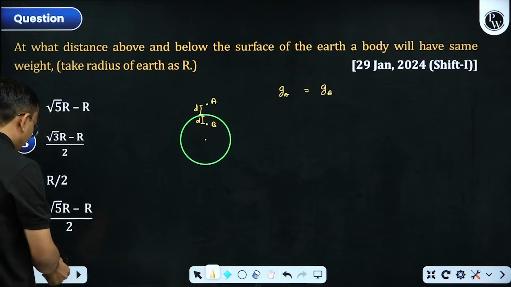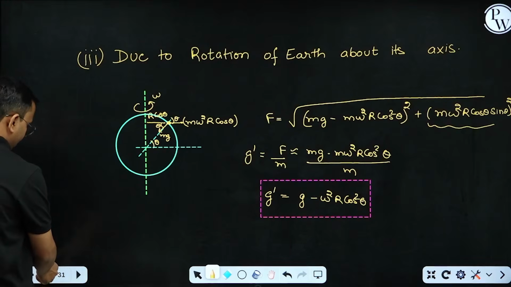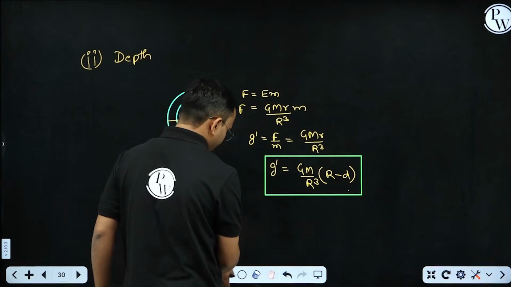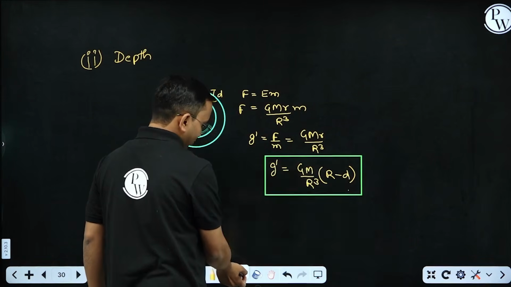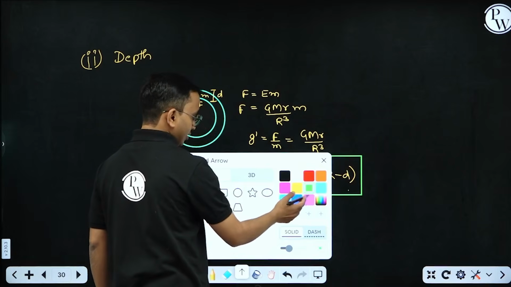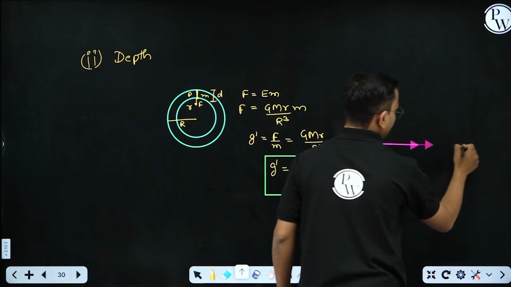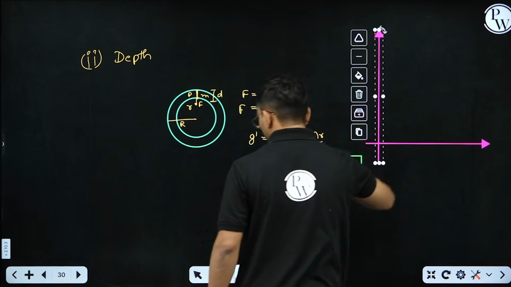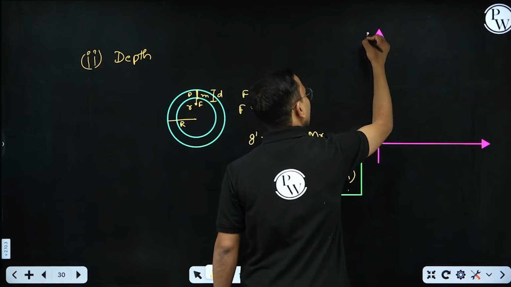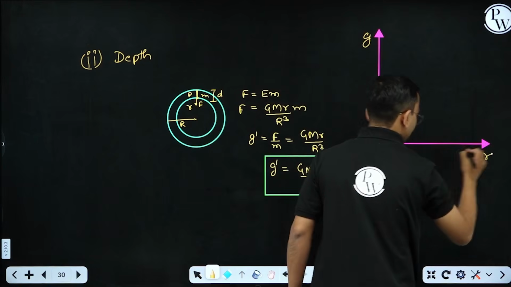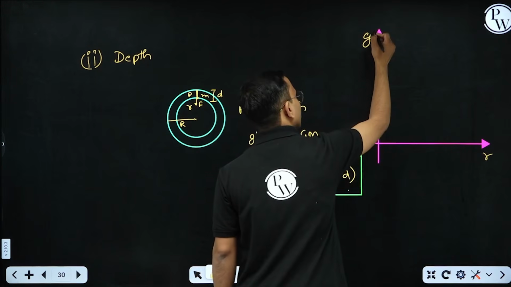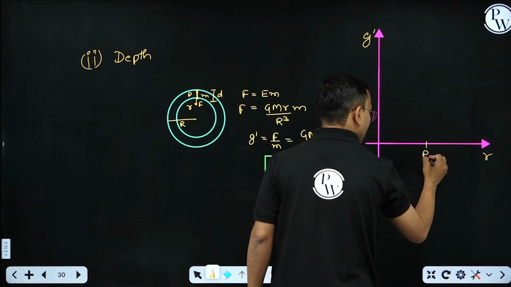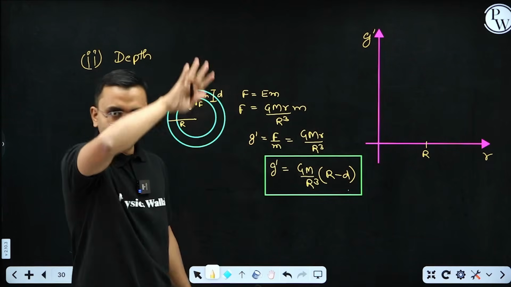Also, one more thing I need to tell you when I was discussing variations. Here you can draw that curve also, the variation of g with respect to the distance from the center of the Earth. That curve may be asked in mains. So g dash I'm saying: till the radius of Earth from the center, g will be increasing linearly.